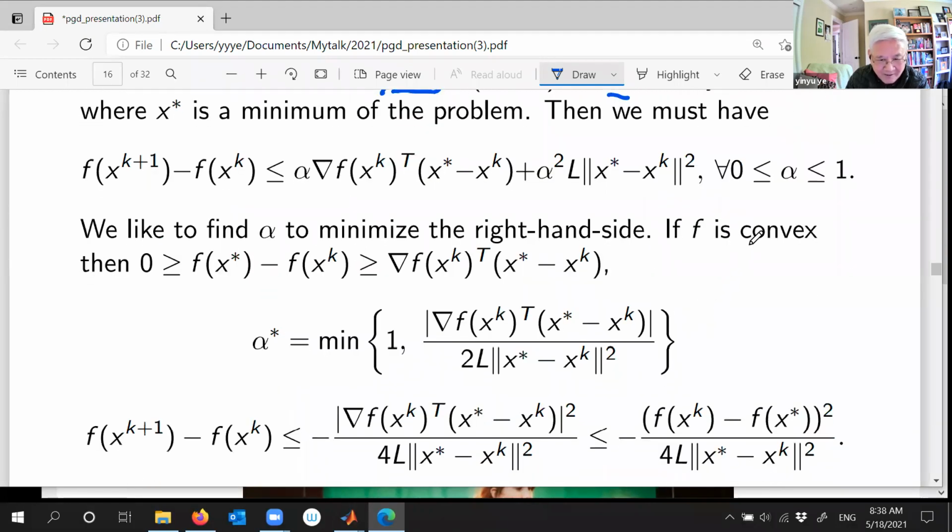Actually, if we assume f is convex, this is going to be a negative term. So for this quadratic function, choosing alpha to minimize it always has a positive root. We just choose this, and this is going to be the root. If this is bigger than 1, of course we choose 1, and then you already get the optimal solution, because alpha has to be between 0 and 1.